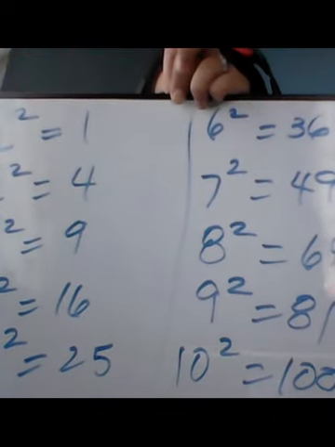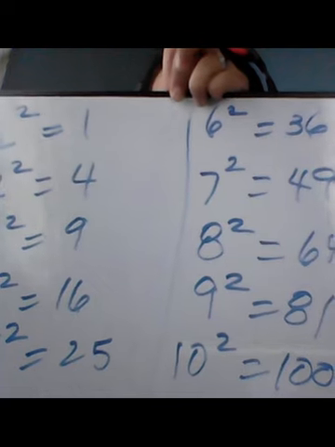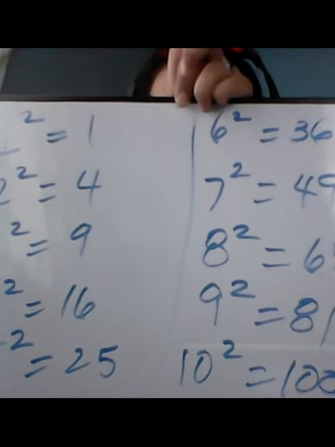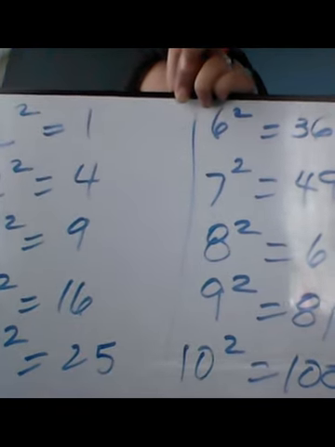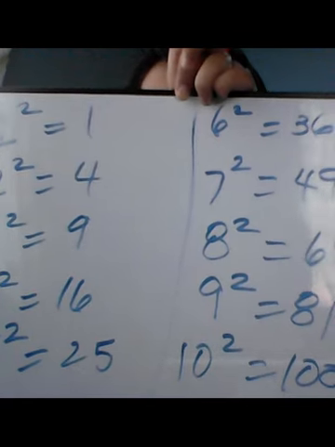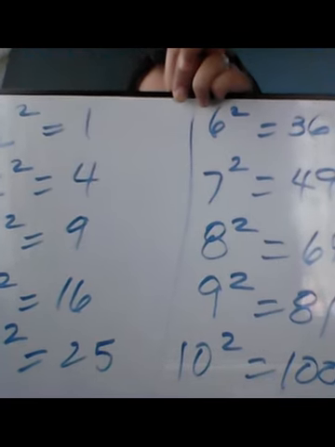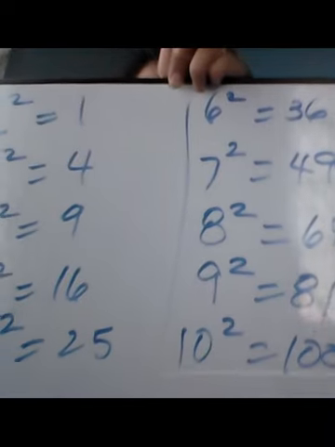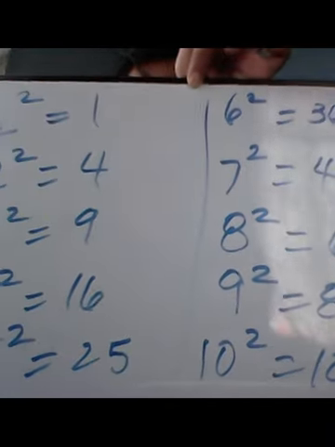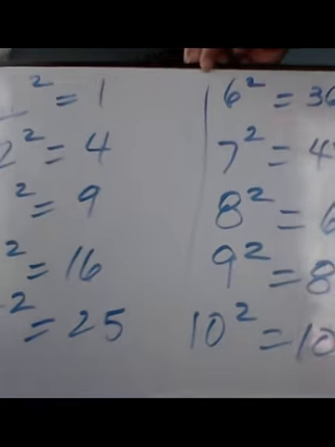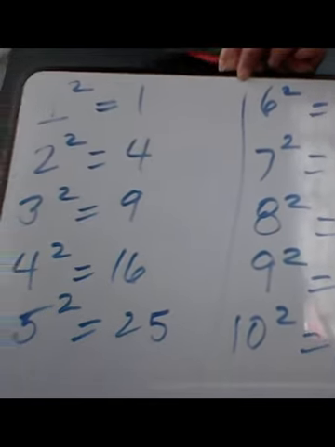And 8 squared equals 64. So the square root of 64 is 8. Then we have 9 squared equals 81. So therefore the square root of 81 is 9. And lastly, we have 10 squared equals 100. So the square root of 100 is 10.